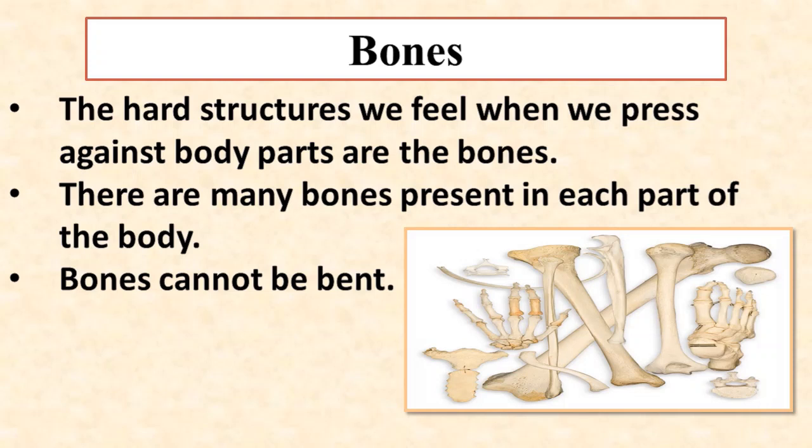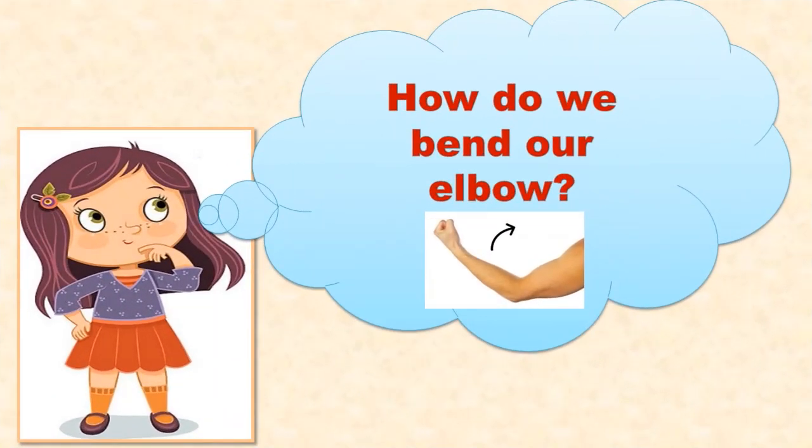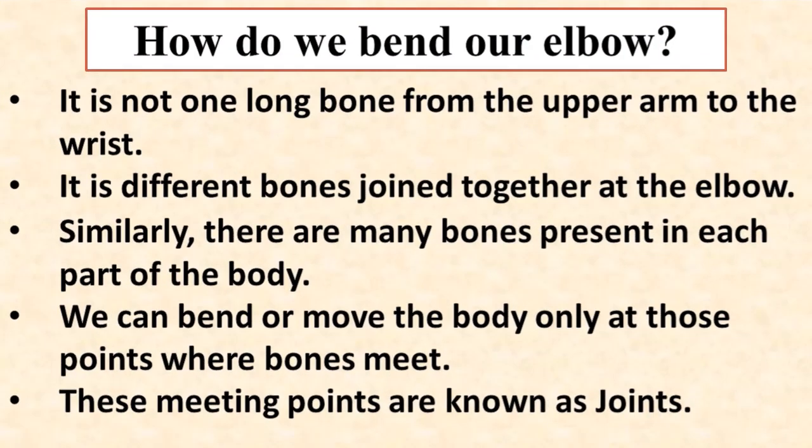We will learn more about functions of bones in the next session. We know bones cannot be bent. Now we know that bones cannot be bent, but we can bend our elbow. So how do we do that? The reason is that it is not one long bone from the upper arm to the wrist.